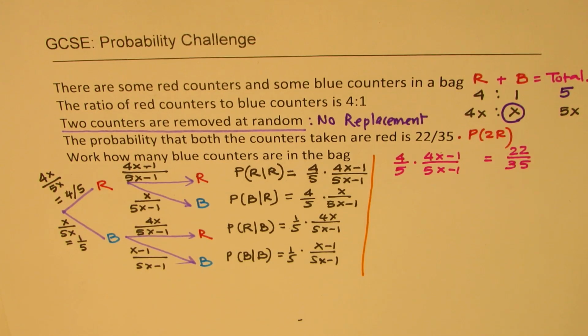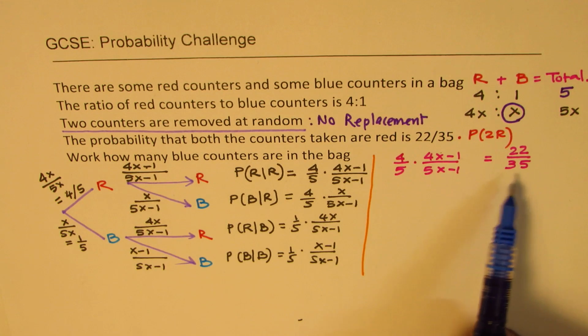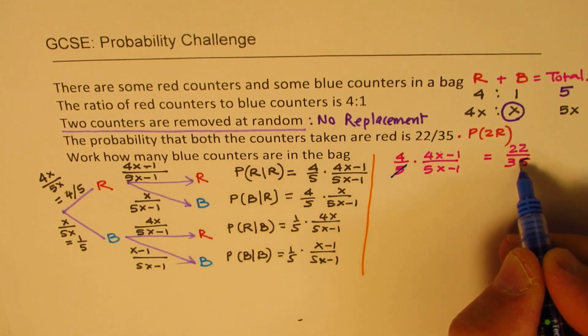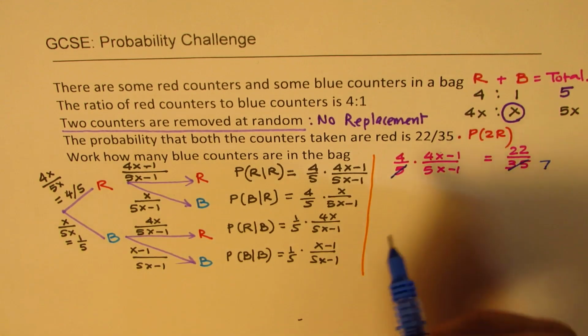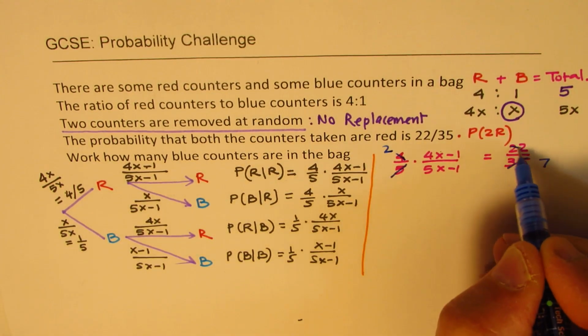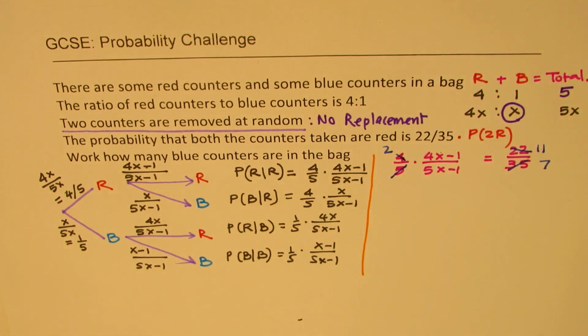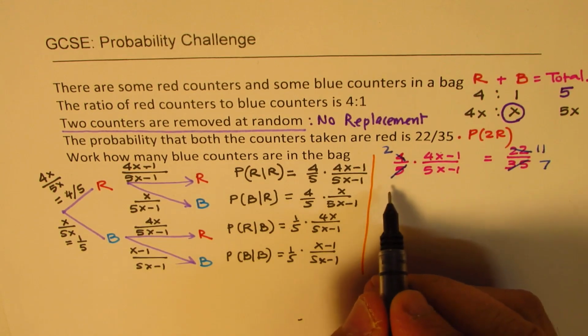Right. Now at this stage, we could actually simplify this a bit and then move on. So let me simplify. 5 goes 7 times in 35. Is that clear? Correct? And this 4 goes 2 times, and that becomes 11 times. So we have something like this written here, which I could write as, let me rewrite this.